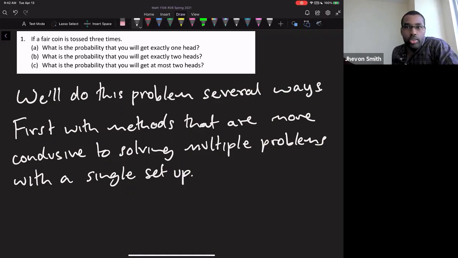And if your brain naturally goes towards more conceptual formulaic stuff, then do it the conceptual formulaic way all the time, right? There are times when tables might be very annoying, like if there are too many options, like if there's 1,000 possible options, you don't want to draw out a table with 1,000 rows. But for the most part, when things are small, just kind of go with the way that you like more.